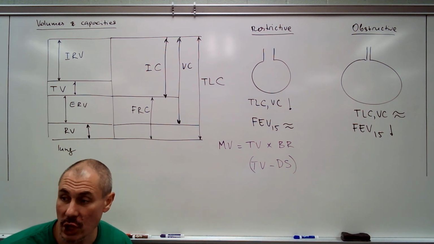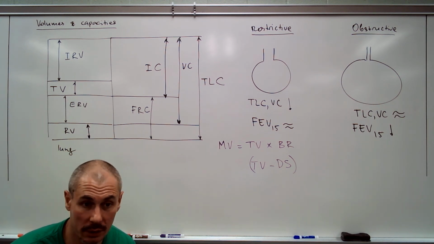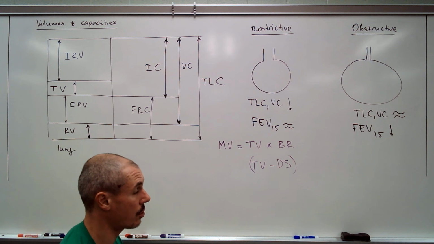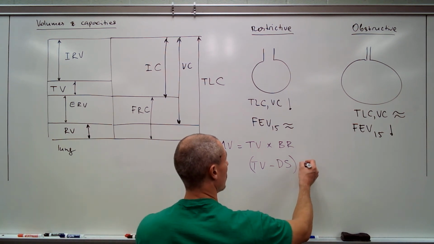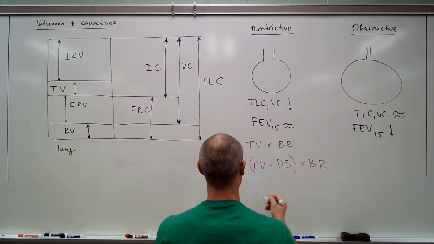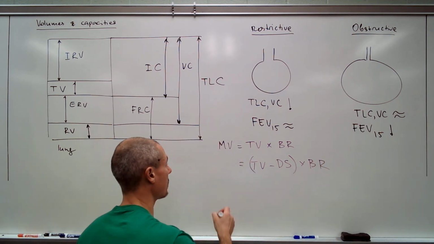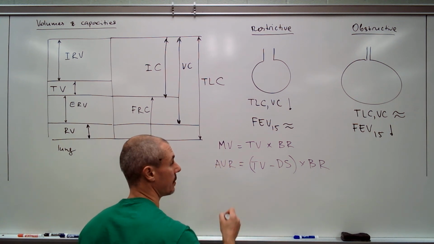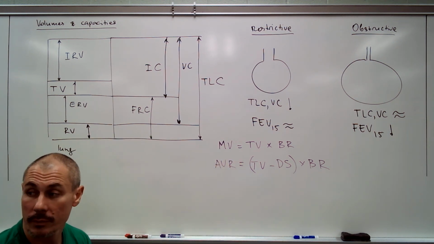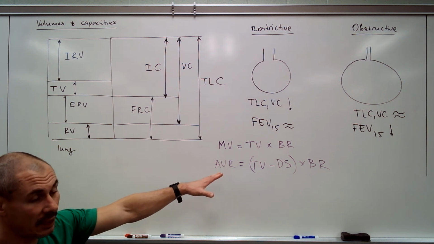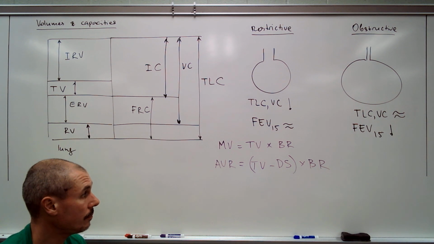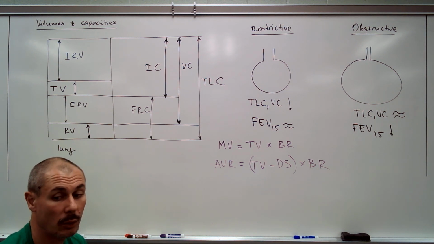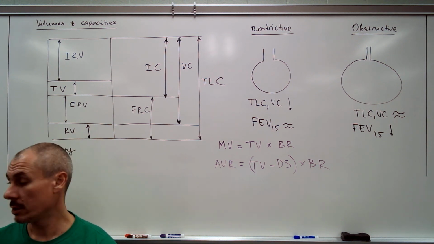Now, how much air will go into the actual alveoli, into the respiratory zone, will be determined by your breathing rate. So this is called alveolar ventilation rate: the difference between the tidal volume and dead space multiplied by the breathing rate. Are we good? Does that make sense?